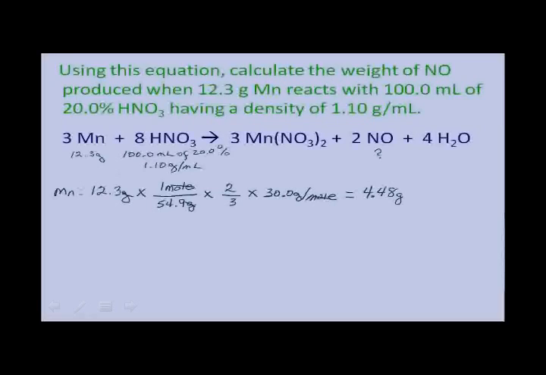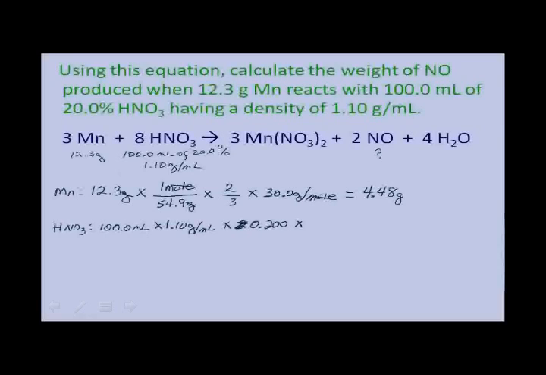Well, let's check. Let's go over here now and work this using nitric acid. With nitric acid, we have 100 milliliters of a solution that has a density of 1.10 grams per milliliter, but is 20% nitric acid. So we're going to multiply by 0.200 to get the percent of it.